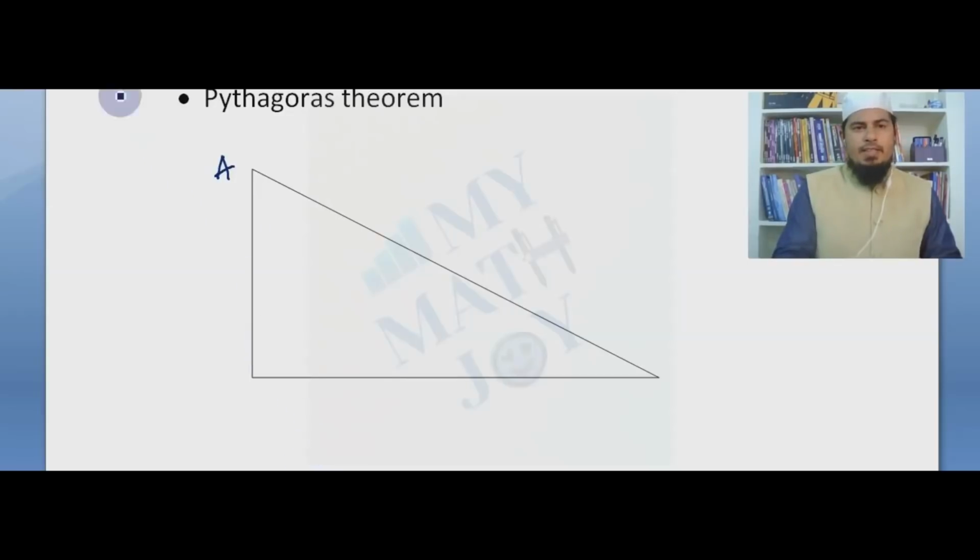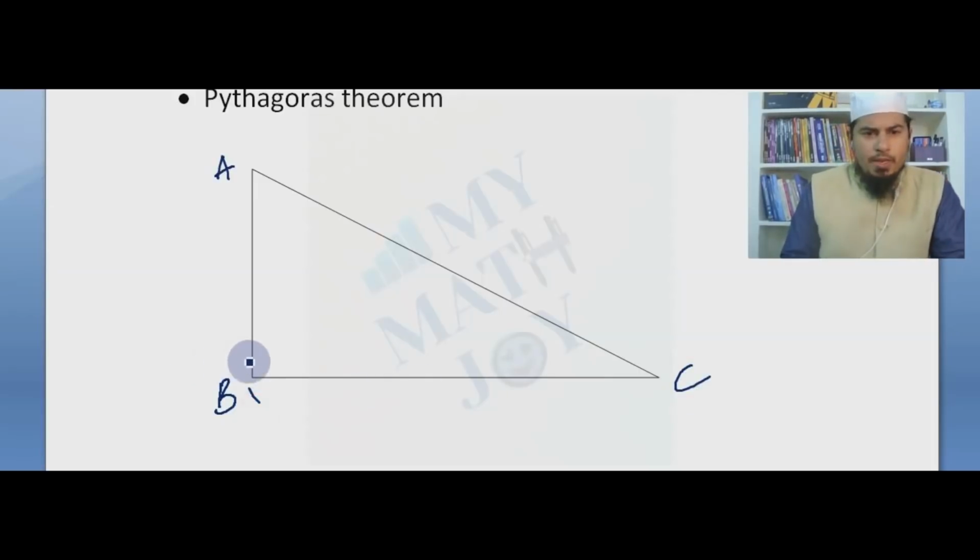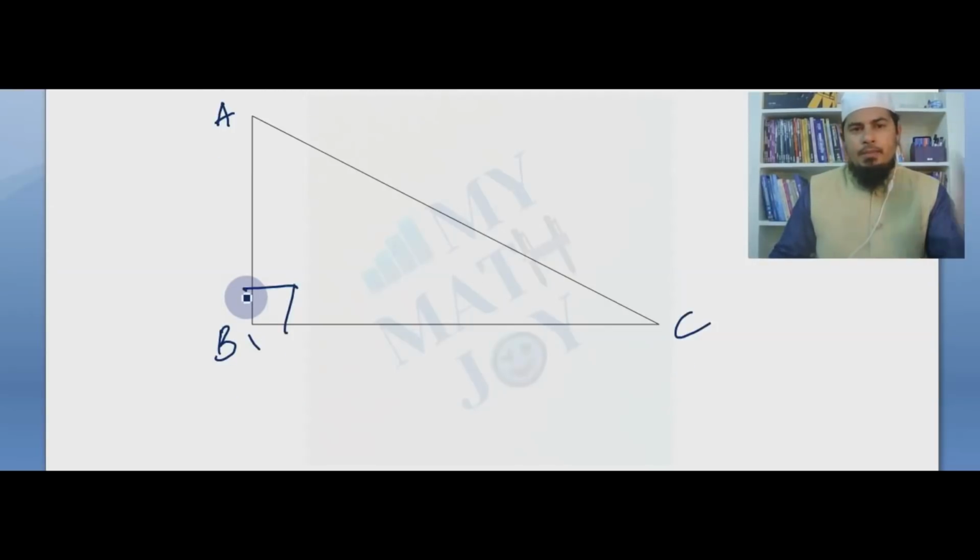So, a right angle triangle in front of you, named ABC. Here is 90 degrees, so the symbol will come. From the 6th class or 7th class, when we started studying triangles, we also studied the right angle triangle there.